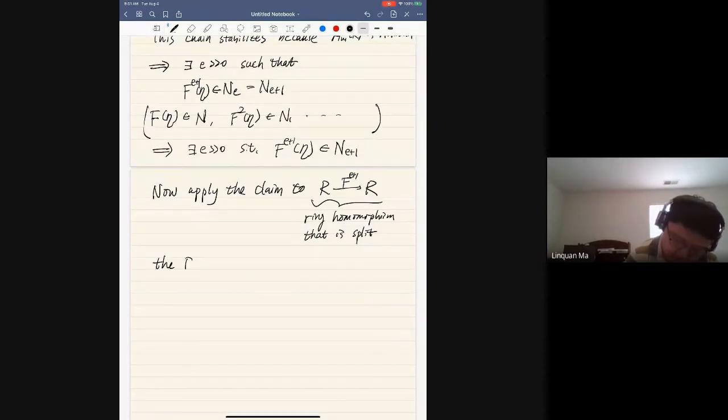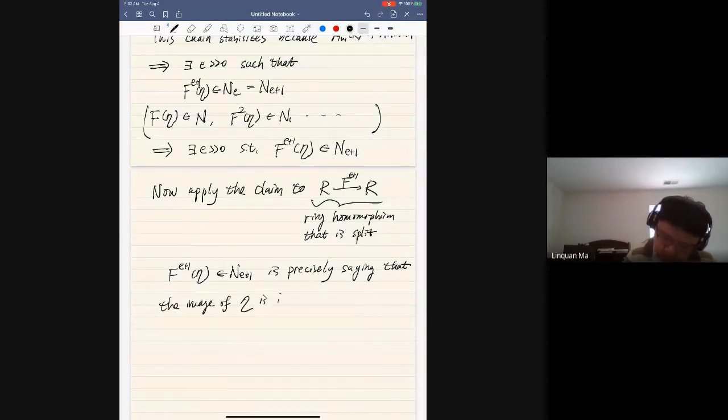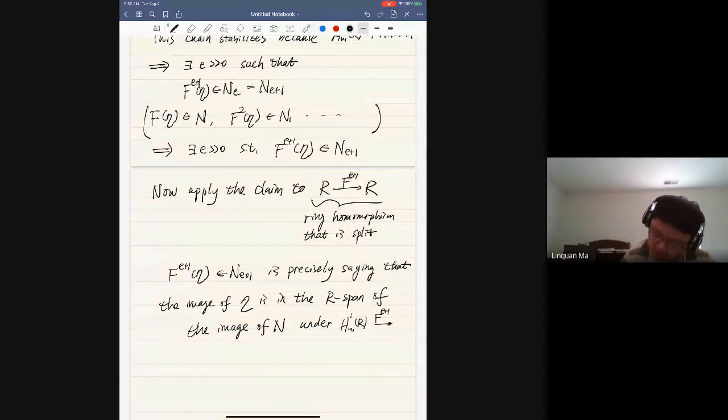If you think about it, FE plus 1 of eta inside NE plus 1 is precisely saying that the image of eta is in the R span of the image of N under the E plus 1 Frobenius on HMIR.